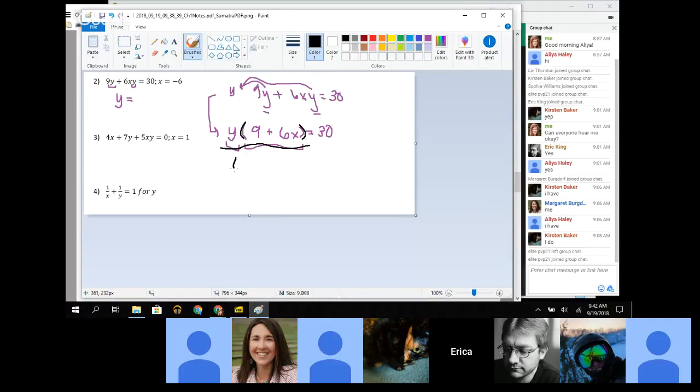So we're going to divide by 9 plus 6x. Okay, and if I divide this side of my equation by 9 plus 6x, what do I have to do to this side? Divide it by 9 plus 6x. Okay, these guys cancel out, and I'm left over with y equals 30 divided by 9 plus 6x.